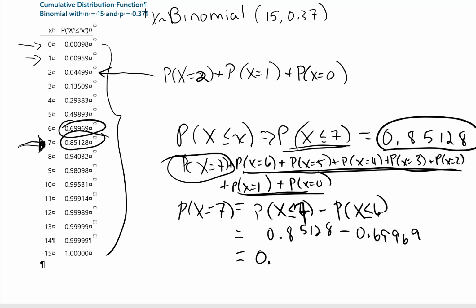And that would be 0.15159. If I rounded to 4 decimal places, that would be 0.1516.